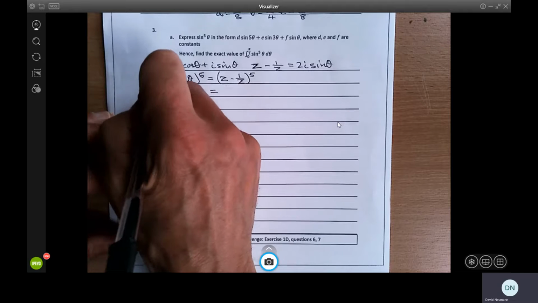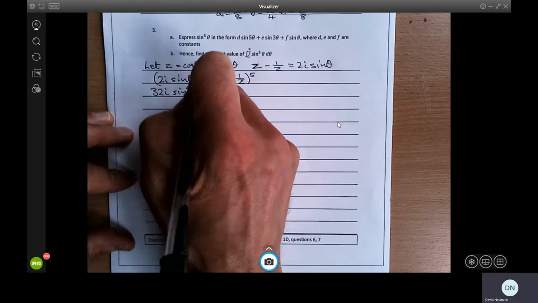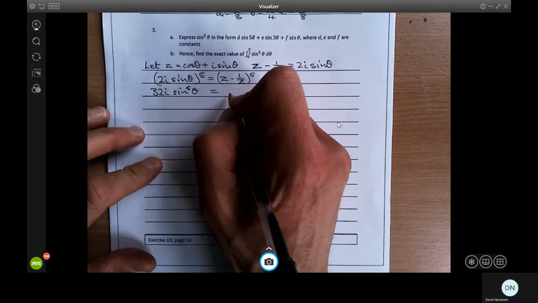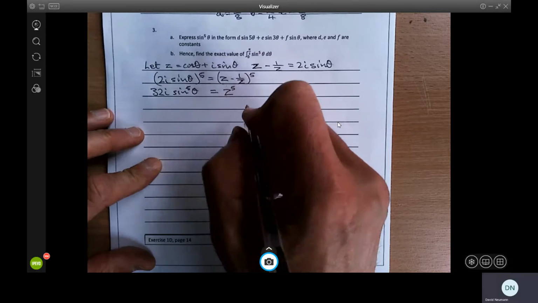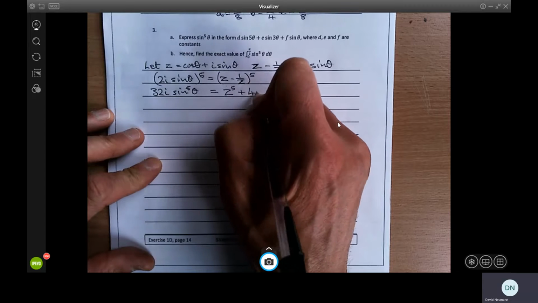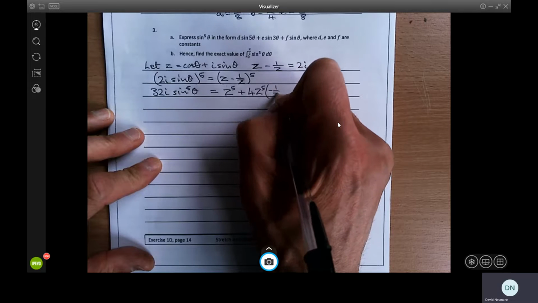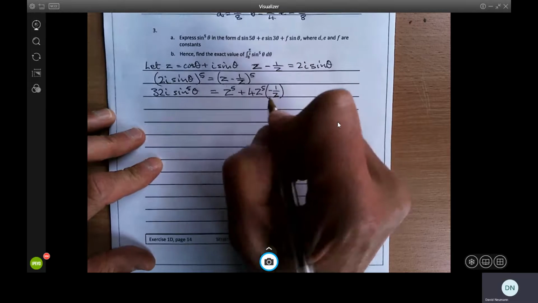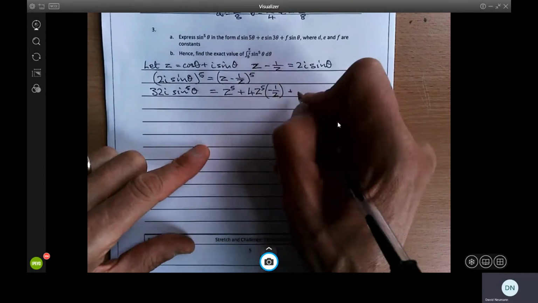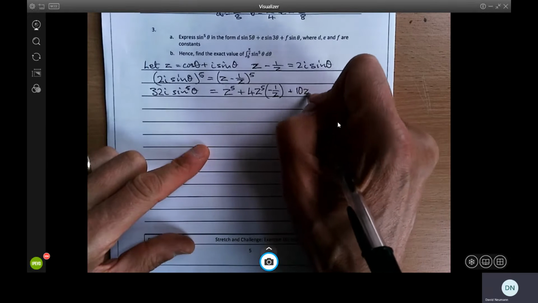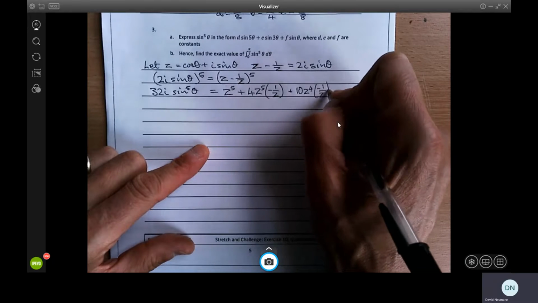So this is 32i sine to the 5 of theta is, well, we've now got z to the power of 5 plus 5 z to the 4 times minus 1 over z. Don't forget the minus signs here. Plus 10 z cubed times minus 1 over z squared.